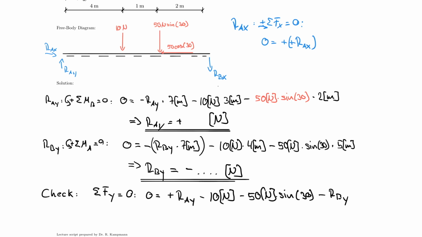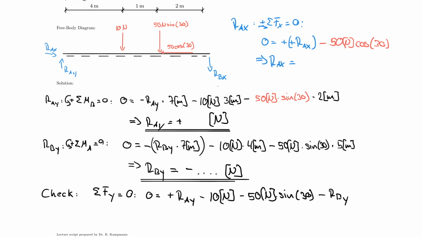And now what acts against that is the minus 50 Newton times the cosine of 30, right? And so you can now solve this equation and find that RAX is really equal to positive in this case because they are actually acting against each other. This pushes to the left, this pushes to the right. So I find a positive result for this one because they have to be in balance.